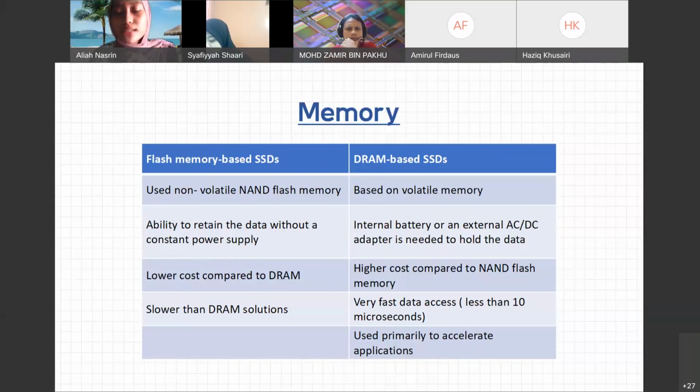If power is lost, the battery provides power while all information is copied from RAM, which is random access memory, to backup storage. When the power is restored, the information is copied back to the RAM from the backup storage. It also needs an internal battery or external AC adapter and backup storage system to ensure data persistence while no power is being supplied to the drive from external sources. Next.